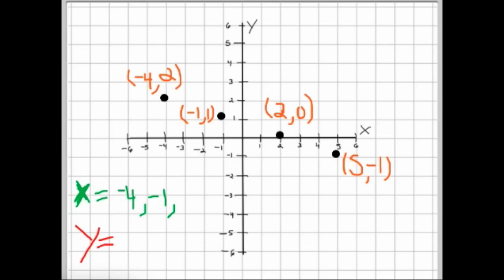On the right hand side, you can see that 2 and 5 are our other x values. Our y values are 2, 1, 0, and -1. You have now just figured out what is the domain and range of this graph.